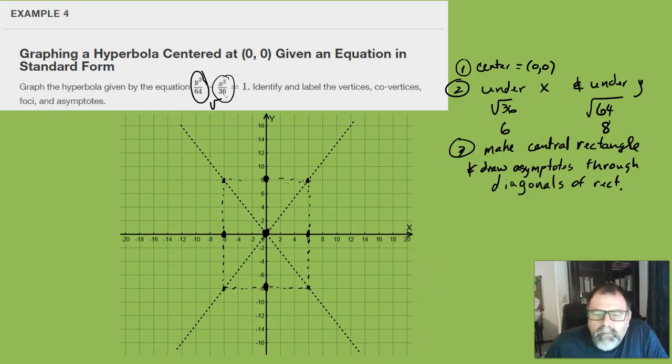Okay. Now I'm going to draw the hyperbola.